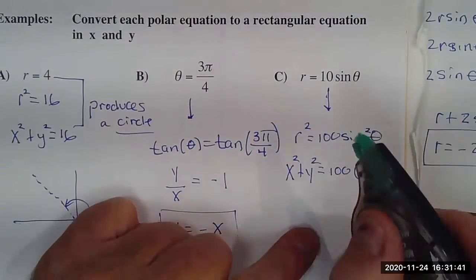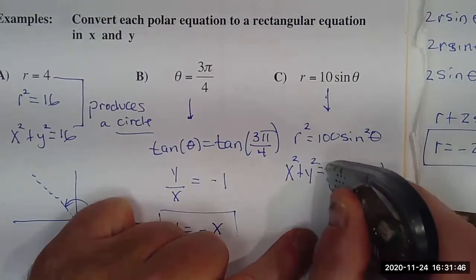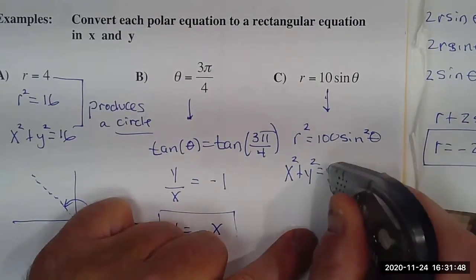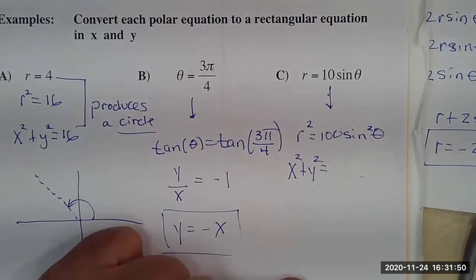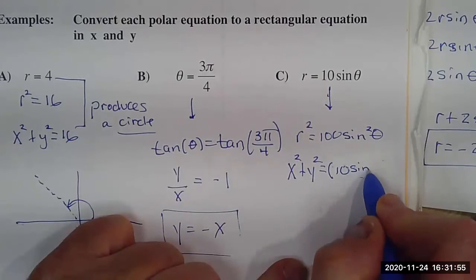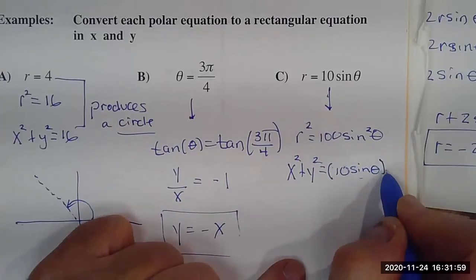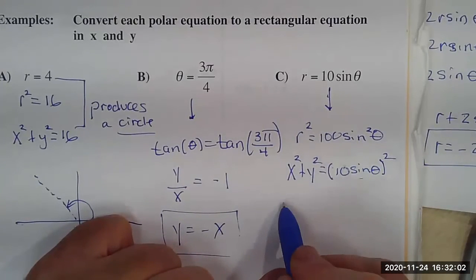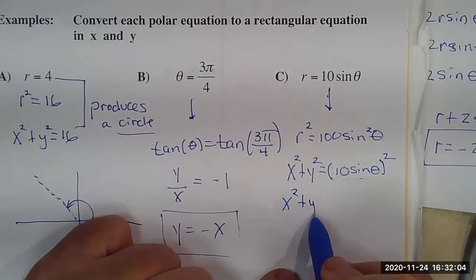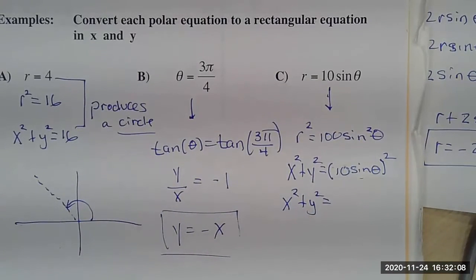Changing my mind slightly here. Okay, so it appears that r is going to be 10.